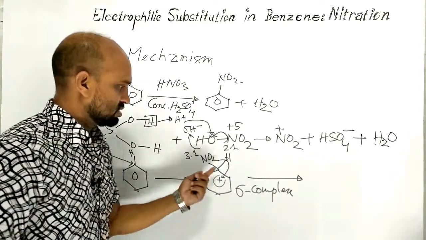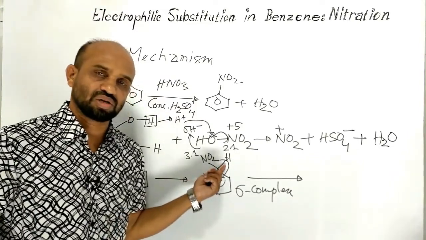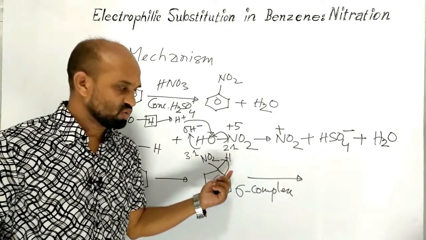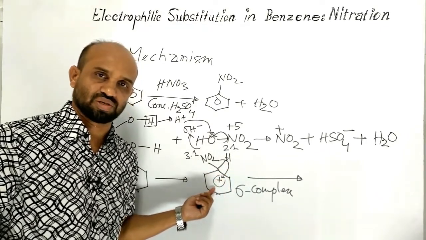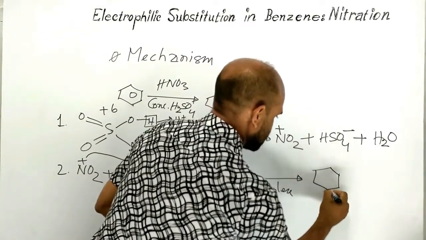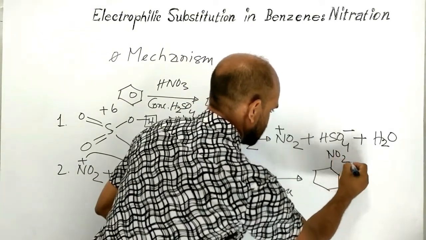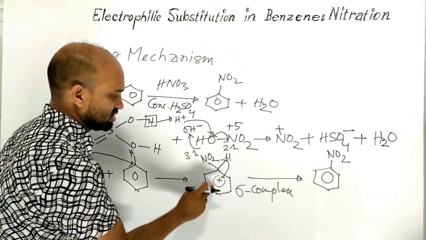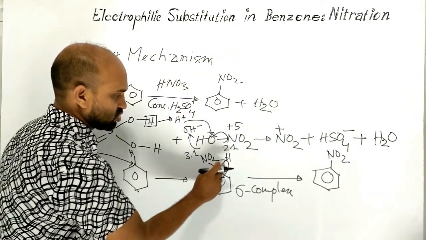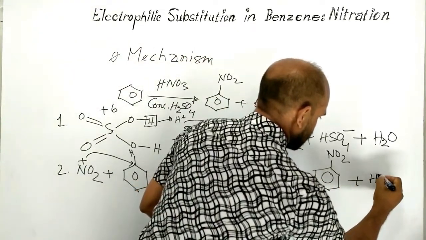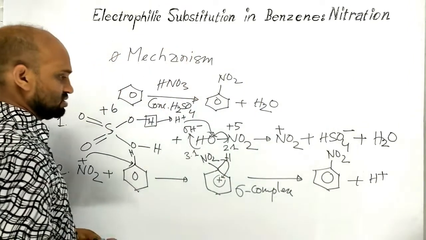That is why covalently bonded electrons of carbon and hydrogen move towards this positive charge, and as a result we get this compound. Positive charge is diminished because of these covalently bonded electrons, and proton is separated.